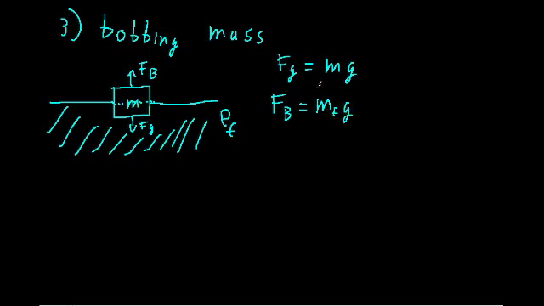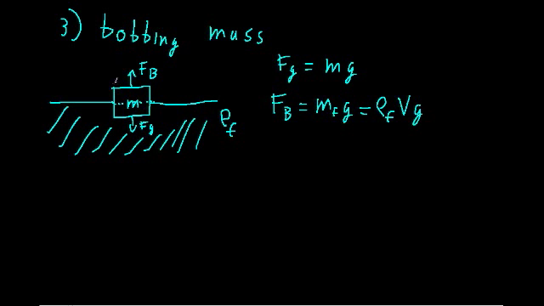Now, we don't actually know the mass, but we know the density, which means we can rewrite this as the density of the fluid times the volume of the fluid displaced times gravity. The volume of the fluid displaced is just the volume of the mass that's underwater.